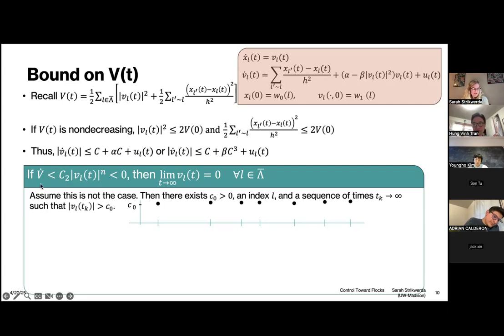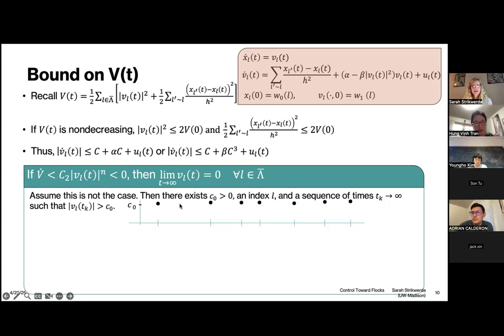Okay, so if we have this V dot is less than this, which is less than zero, we can show that the limit of VL is actually equal to zero. We can do this by a proof by contradiction. If you assume that this is not the case, then there does exist a C naught greater than zero and an index L and a sequence of times tk that go to infinity such that the velocities are greater than some C naught.